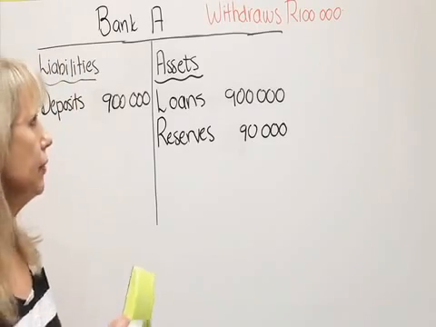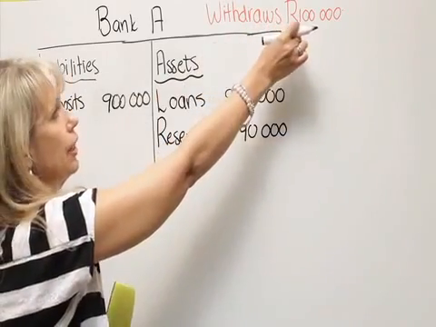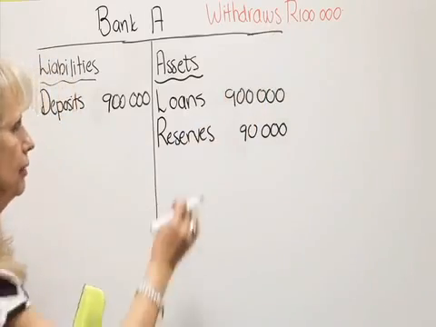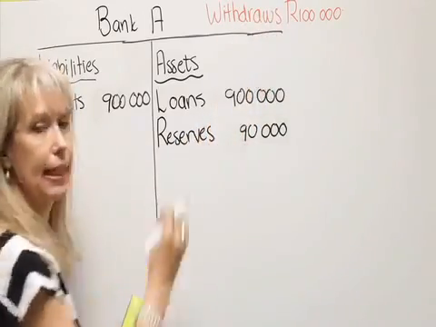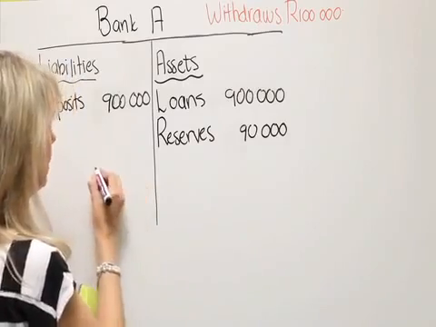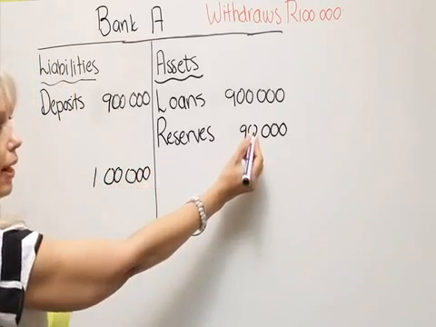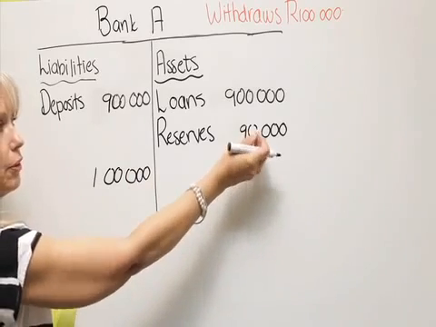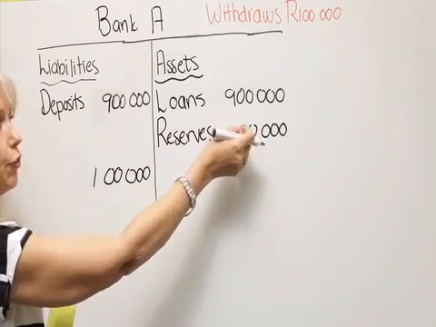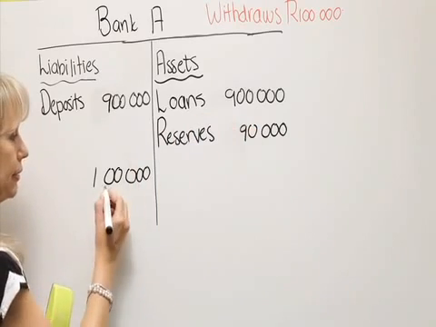But you see, this client withdrew 100,000 Rand. 10,000 of that can come from the reserves, because the reserves decreased from 100,000 to 90,000.